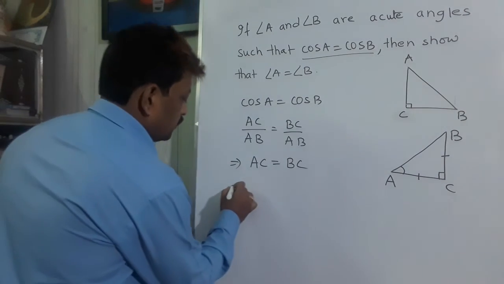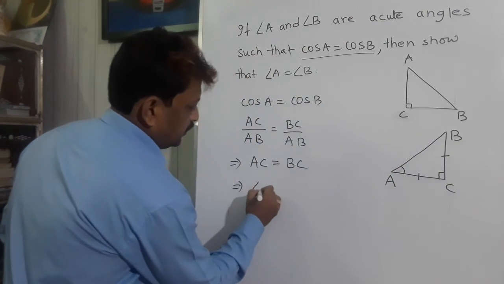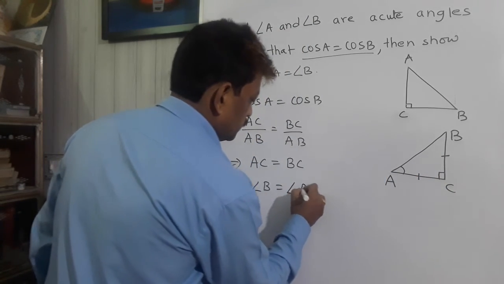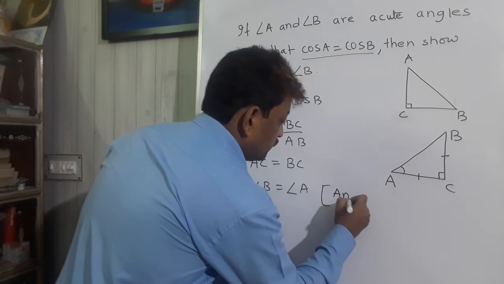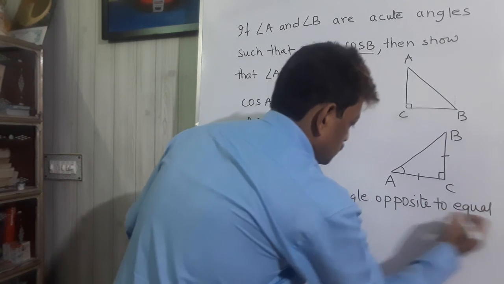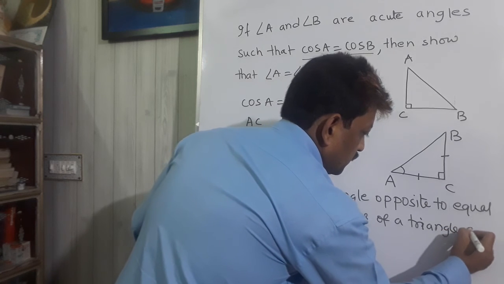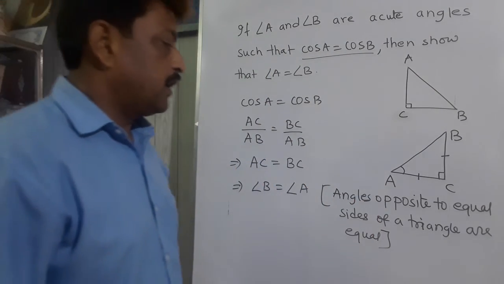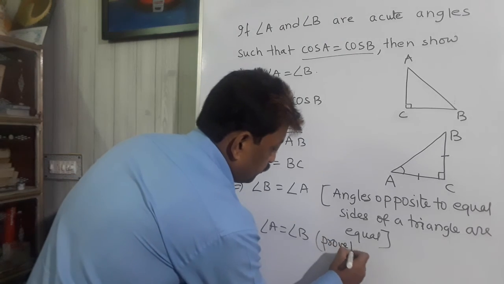So from that theorem we can write: the angle opposite to AC is angle B, and the angle opposite to BC is angle A. Here we must mention the reason: angles opposite to equal sides of a triangle are equal, which implies angle A is equal to angle B, and that is what we have to prove. So it is proved. Understood?